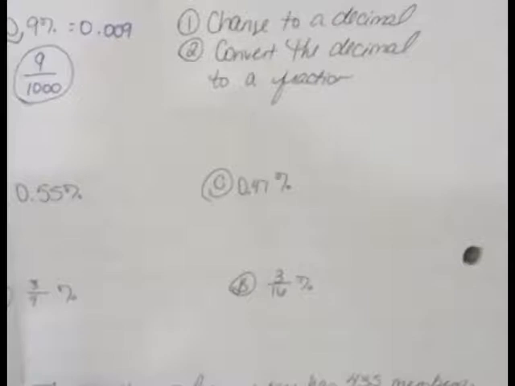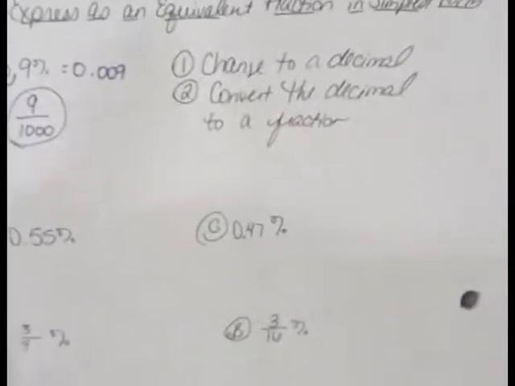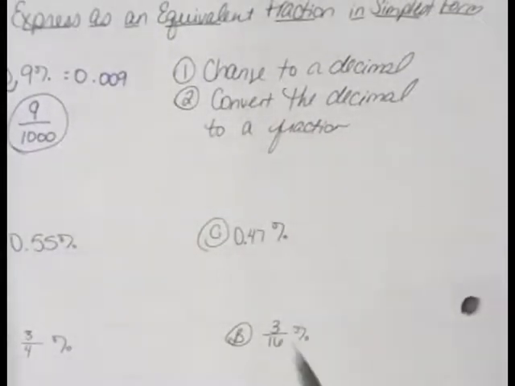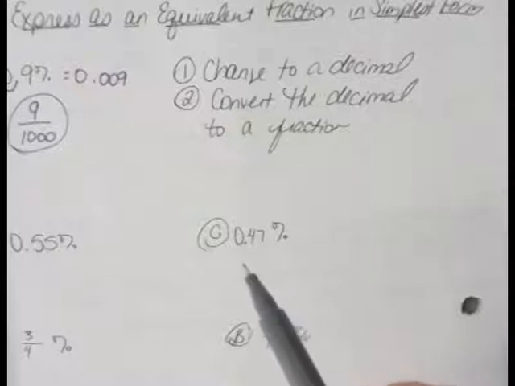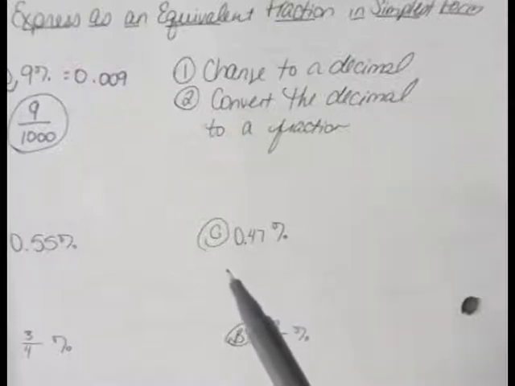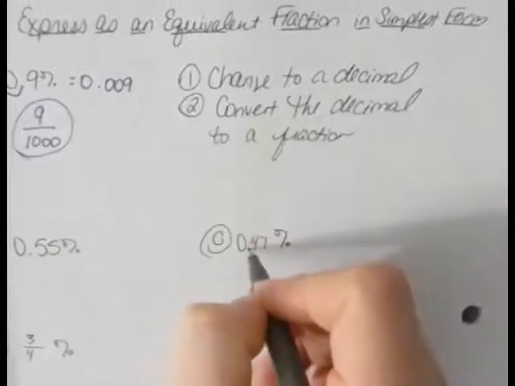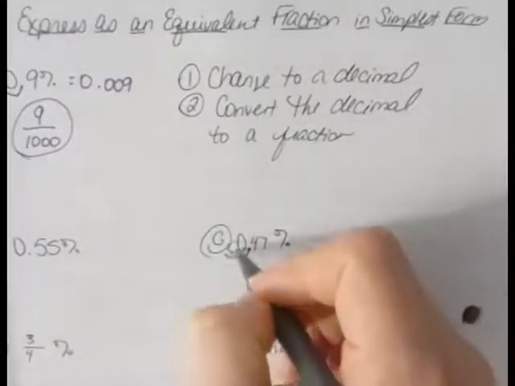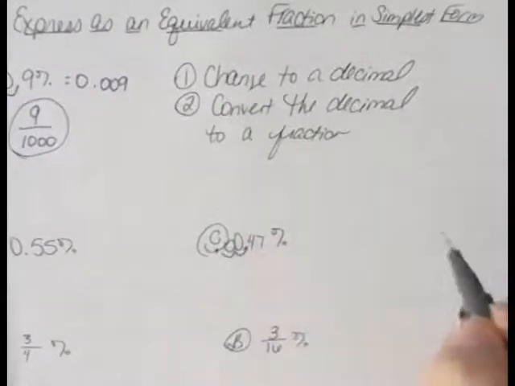We are going to do C, follow the same steps. It's already, zoom in and try to focus a little bit. It is already a decimal percent, so all I have to do is move my decimal over to change it to a regular decimal. So I move it twice to the left, add a 0 in my open space.